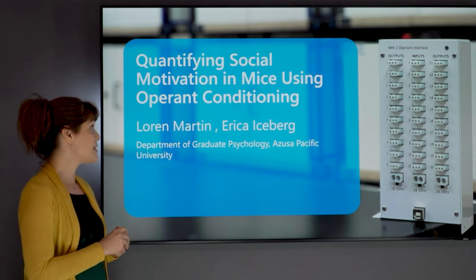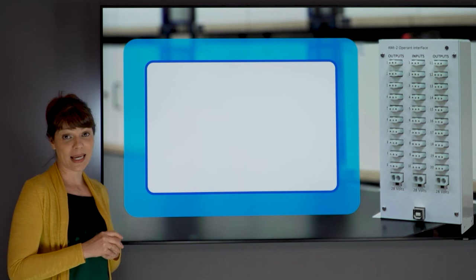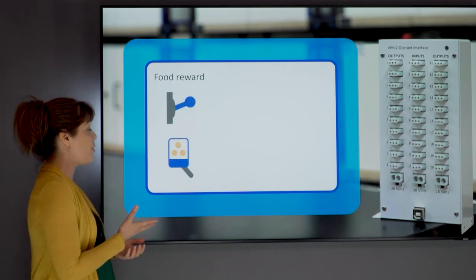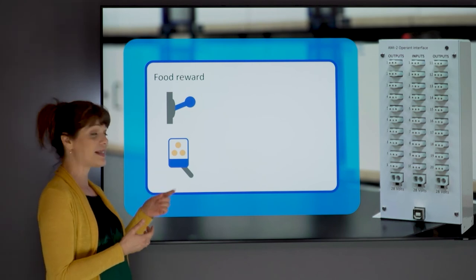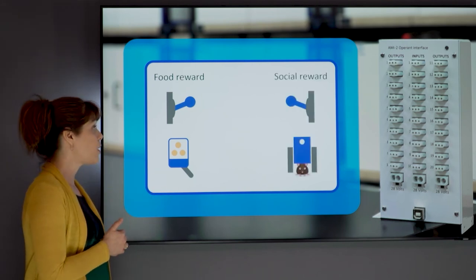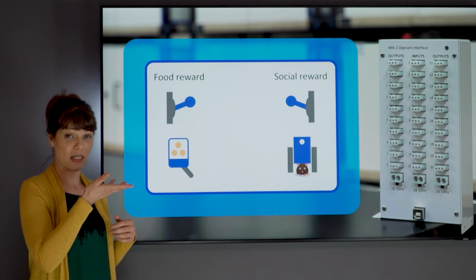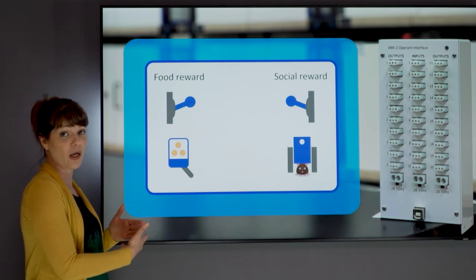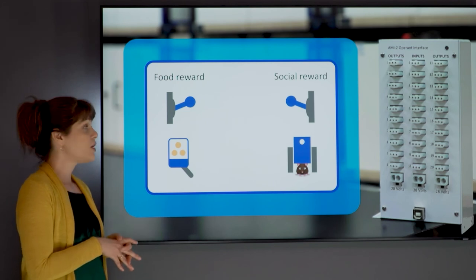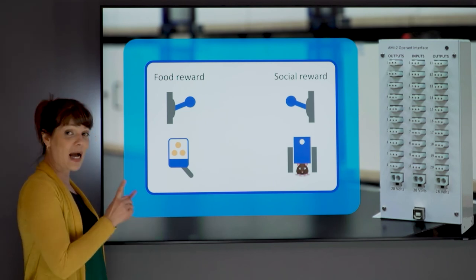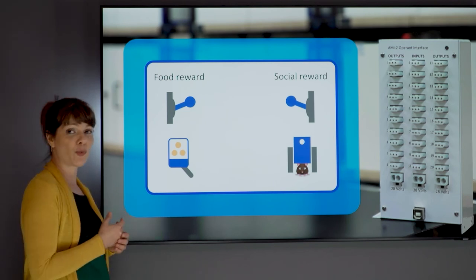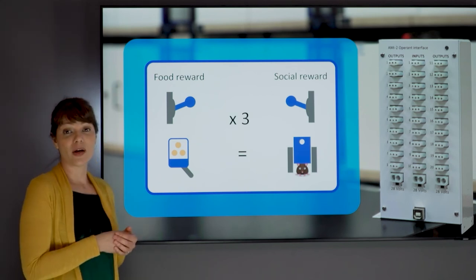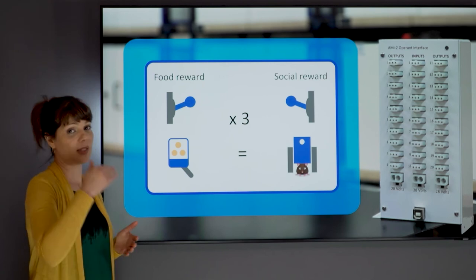In this study, the authors had in the cage 2 levers, one that when pressed would deliver a food reward via a pellet dispenser, and another that when pressed would lift up a guillotine door, exposing behind a grid another animal, so offering a social reward. To start with, in order to get either reward, the animals had to press the lever 3 times. But after that, the required number of presses kept increasing.